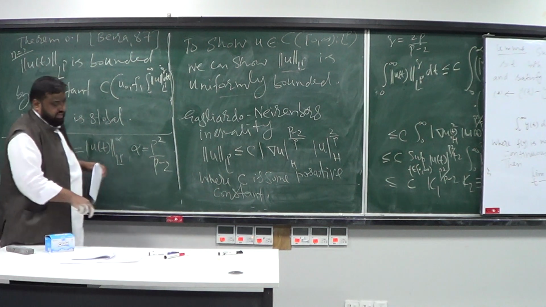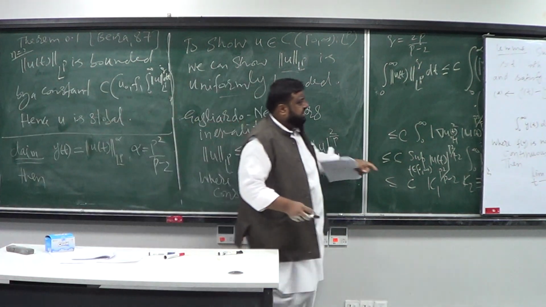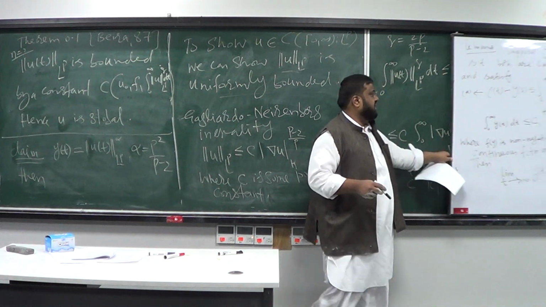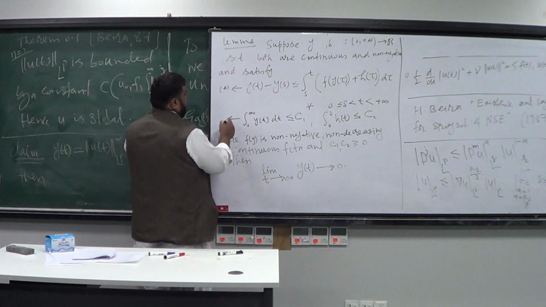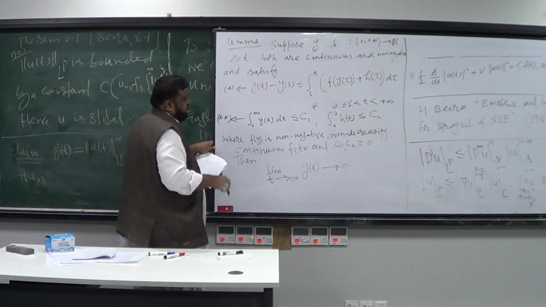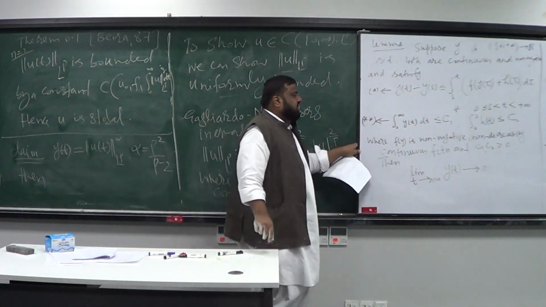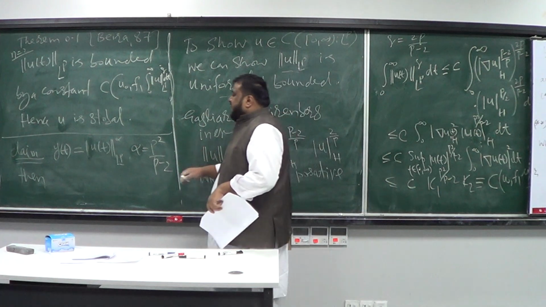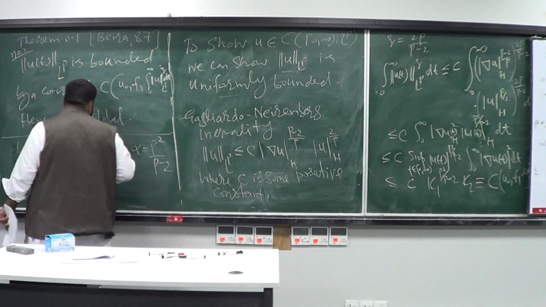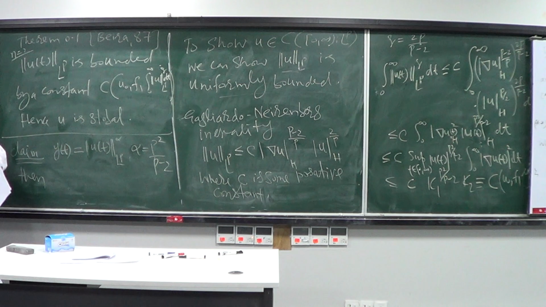By the way, we can give these conditions names. Let's call this condition star and this condition double star. Since we have uniform boundedness in the LP norm, it's not difficult to show condition double star in the lemma.